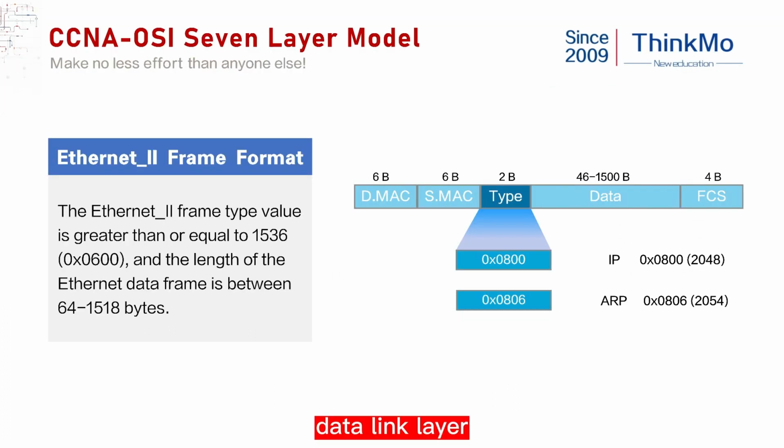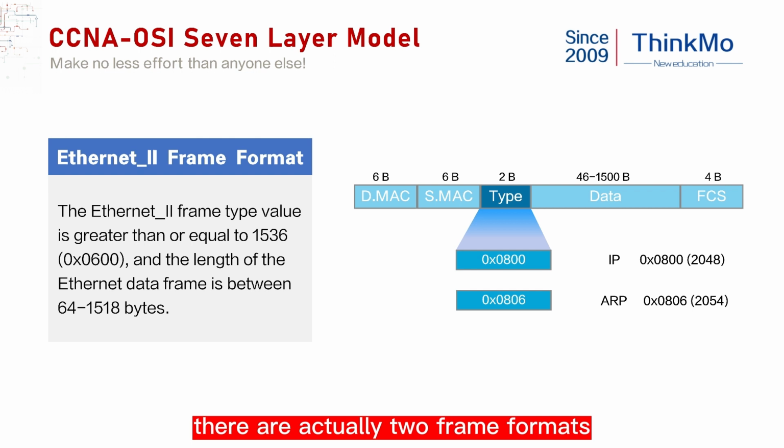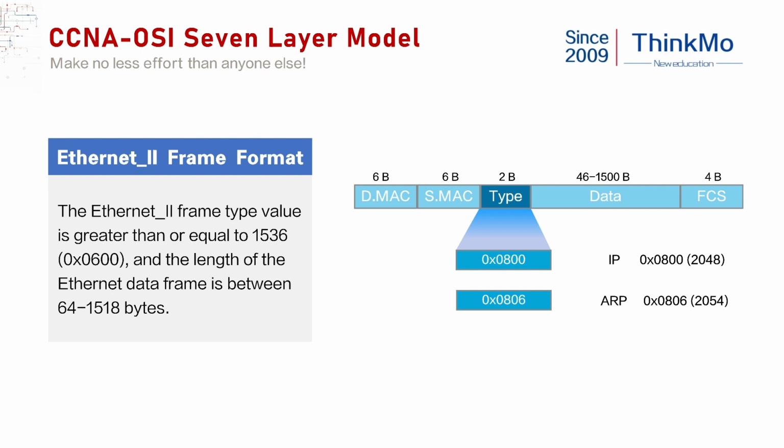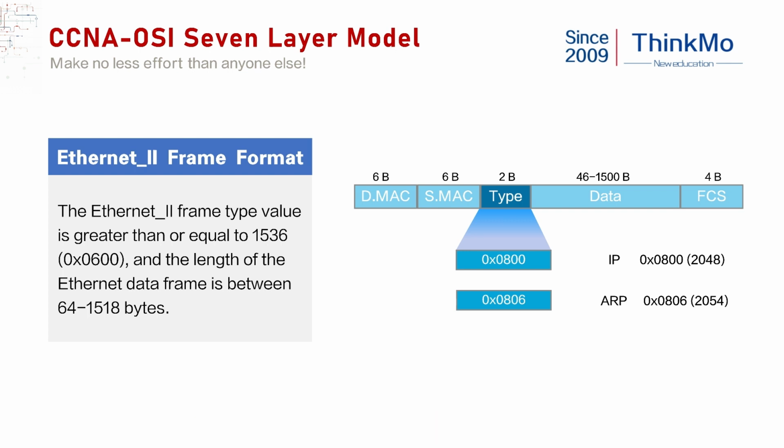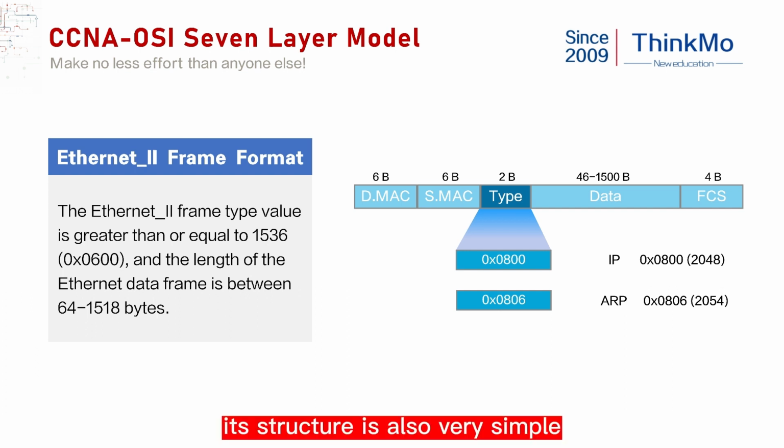Data link layer. There are actually 2 frame formats. Something called Ethernet II. A type of 802.3 called IEEE. Here to tell you about IEEE 802.3. Another data encapsulation standard. For such a standard, we see less. We use more Ethernet II. Its structure is also very simple.